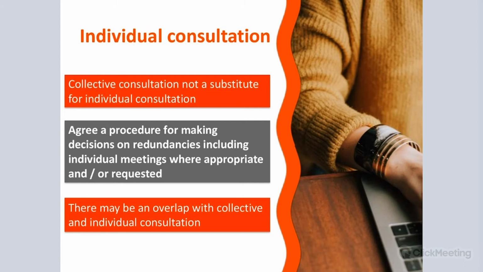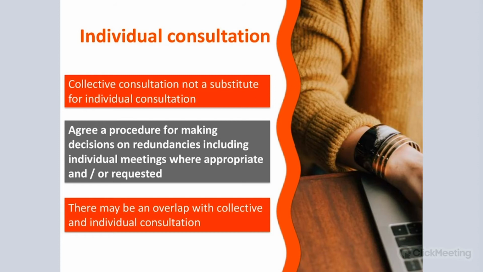So I mentioned at the beginning that we would look at the relationship between individual and collective consultation. What collective consultation is really is an additional set of obligations an employer must adhere to if they're planning large-scale redundancies.